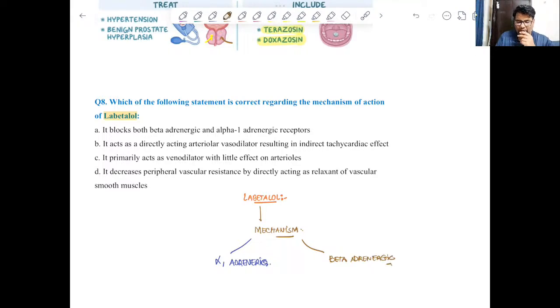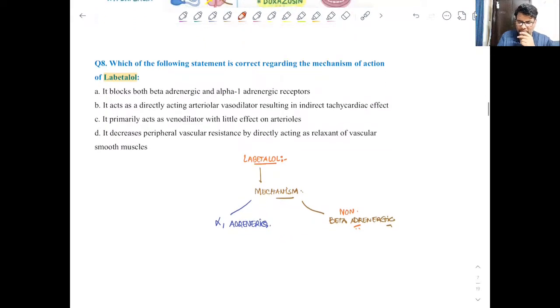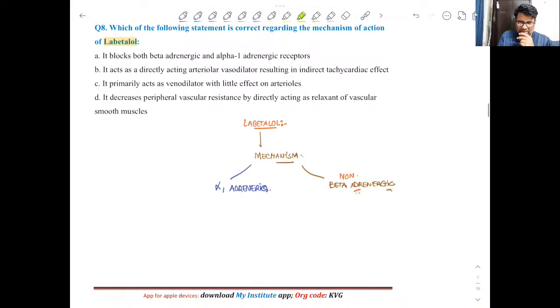Clear? So alpha 1 is specific and non-specific beta adrenergic. So it is acting on dual receptors. So the best answer is it blocks both, right? So both beta adrenergic and alpha 1 adrenergic receptors.